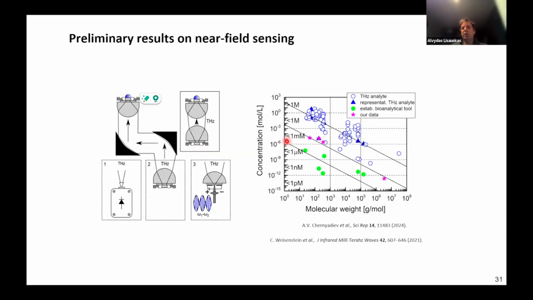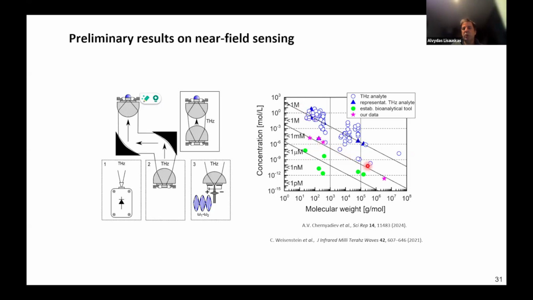And if we compare where such detectors are with the state of the art done in terahertz for biosensing, those are mostly the open dots there. Established bioanalytic tools would say that one has to be able to measure those concentrations. Then our data, which we made on our sensors, is really the top edge of terahertz sensors here. There is some need also to improve it, but it shows you the big improvement from free space measurements going to near field measurements.